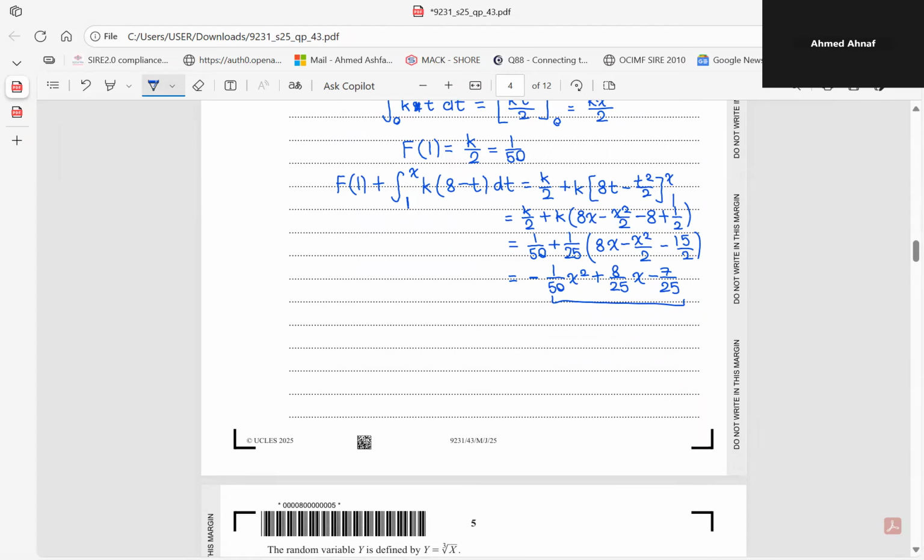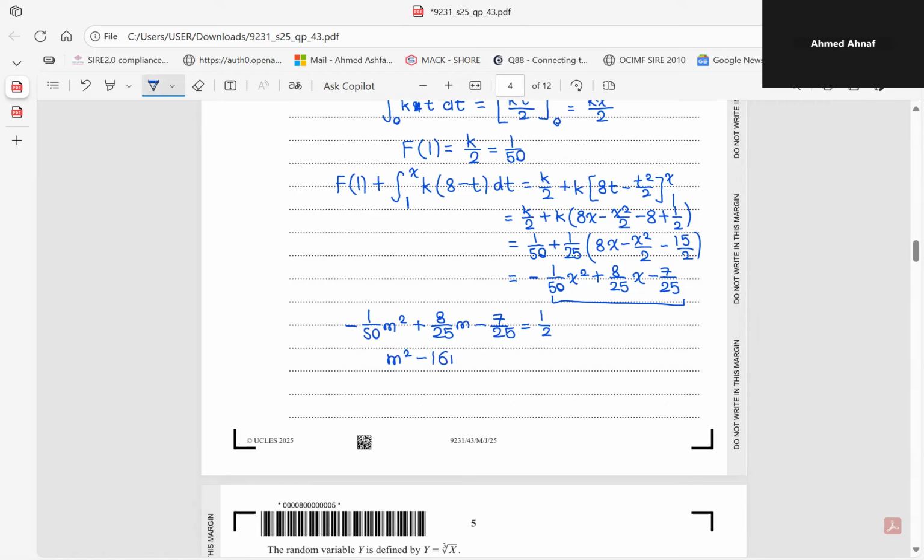As I was saying, you have to substitute x equals m. So you have 1 over 50 m squared plus 8 over 25 m minus 7 over 25 equals half. I'm going to move this half over to the left-hand side and get rid of the denominator at the same time.